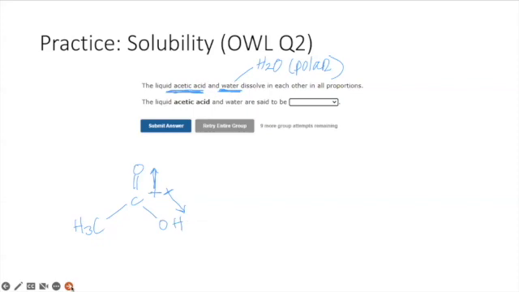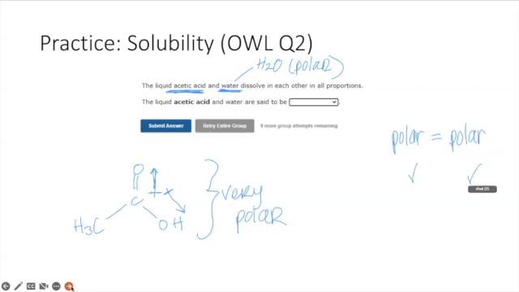It's actually very polar. If you're having trouble figuring out if your compound is polar or not, just Google, is acetic acid polar? So they are both polar. And like dissolves like, we want them to be the same. And so this solution will be soluble.